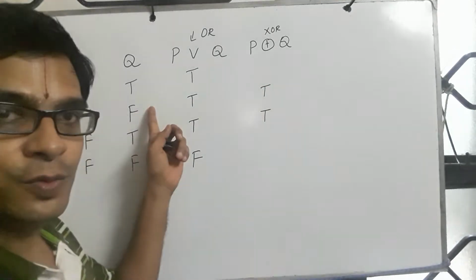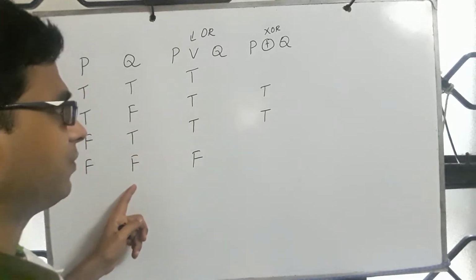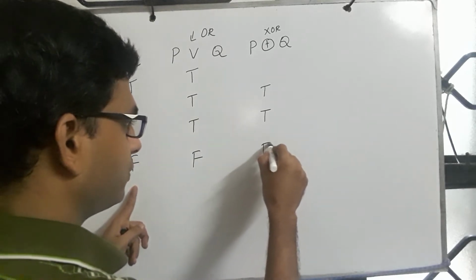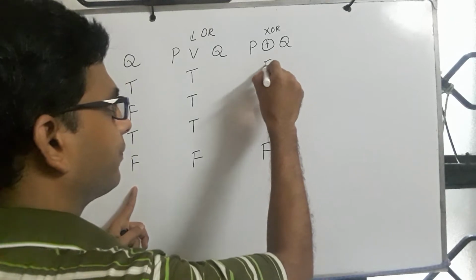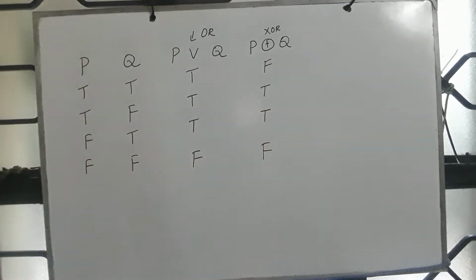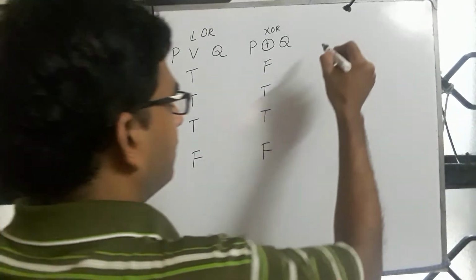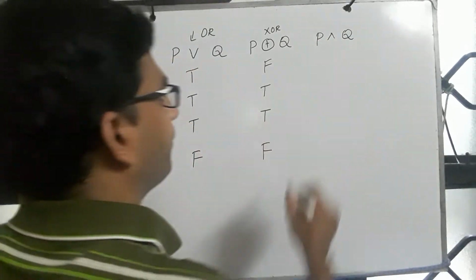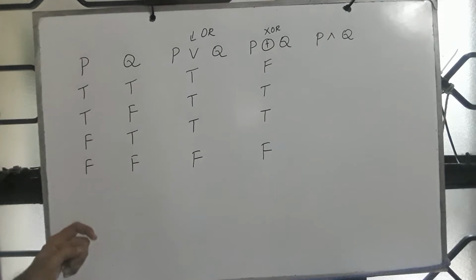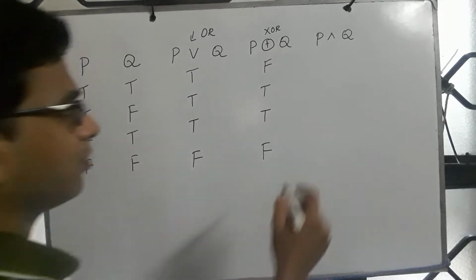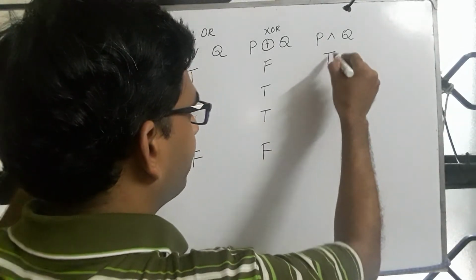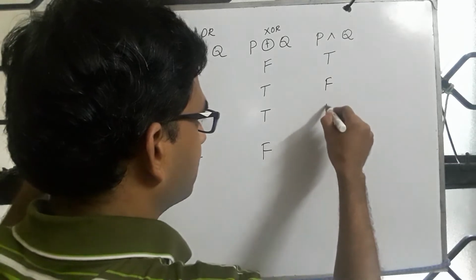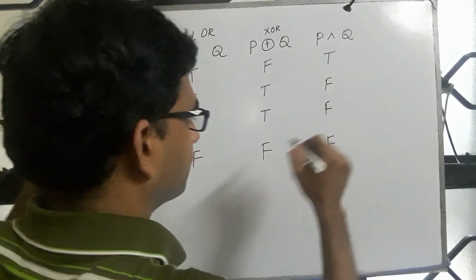When both are true or when both are false, P exclusive or Q is false. Fine. P and Q. So it says and. So when both are true, it is true. In all other cases, it is false.